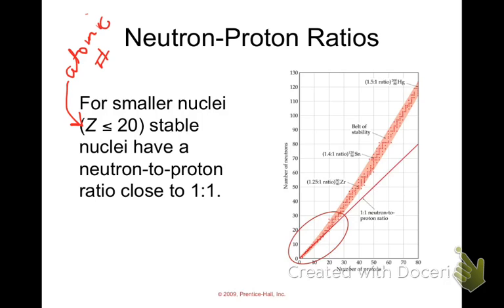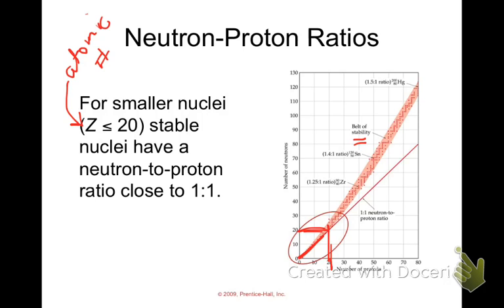If Z is less than 20, okay, you can see that the stable nuclei have a 1-to-1 ratio, right? If you look at this graph, the important thing to note here is something called a belt of stability. Isotopes that are in that belt of stability are stable.